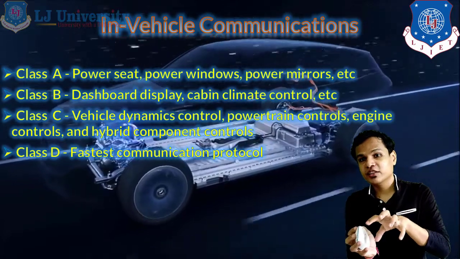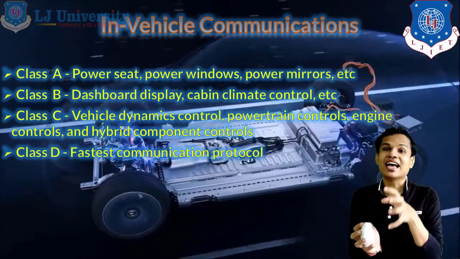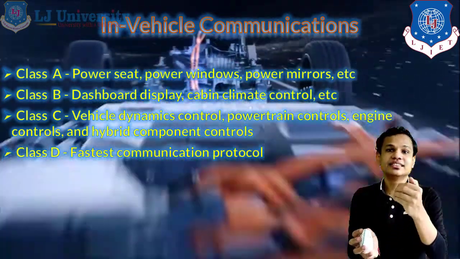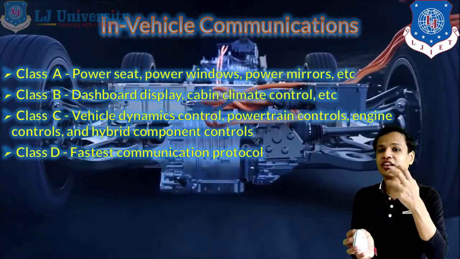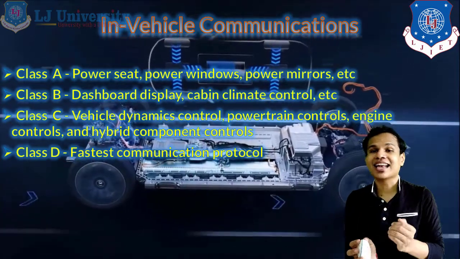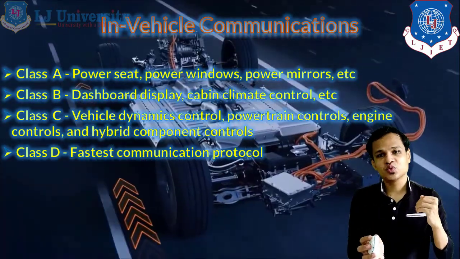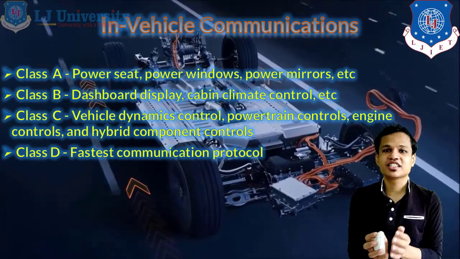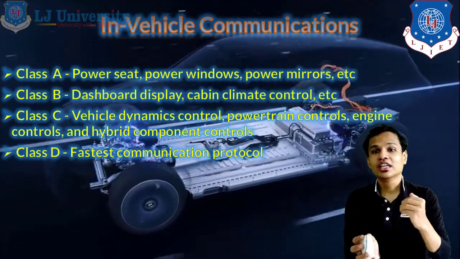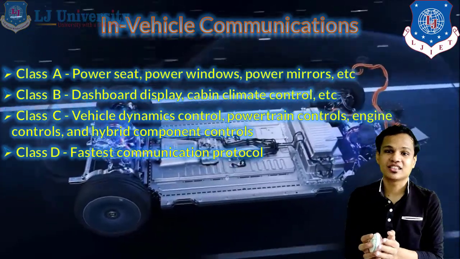But those components which have a direct effect on the driving of the vehicle will require an instant response. So those components have been kept in class C. The components which come in the powertrain and engine components control all have to be faster.